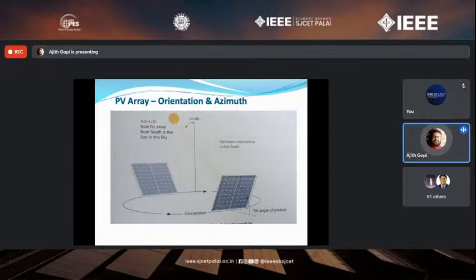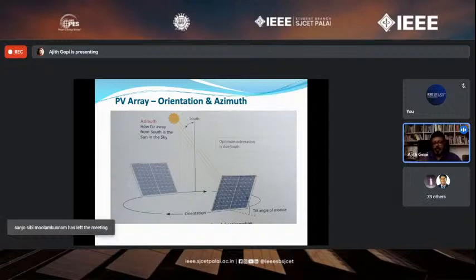There are different conventions for that. If you go to west, it will be minus, and if you go to east, it will be plus. There are different conventions taken for different softwares when you go for simulations. For example, I have a rooftop.